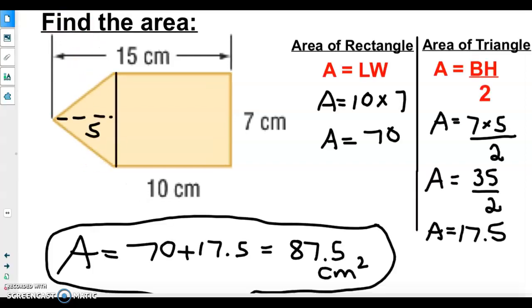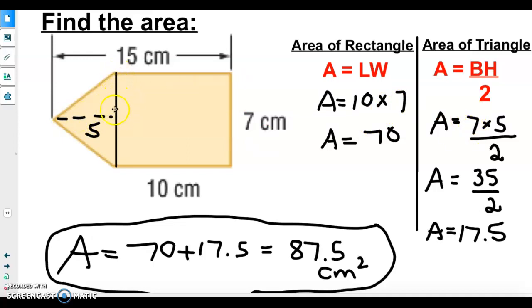Please hit pause. Okay, so the final answer to this problem was 87.5 centimeters squared. So I separated it with this line going down into a triangle and a rectangle. My rectangle had an area of 70, 10 times 7 is 70. And my triangle, again, I had to find the missing height.